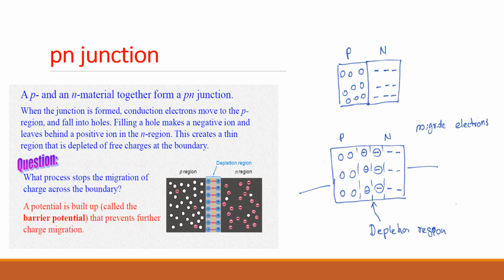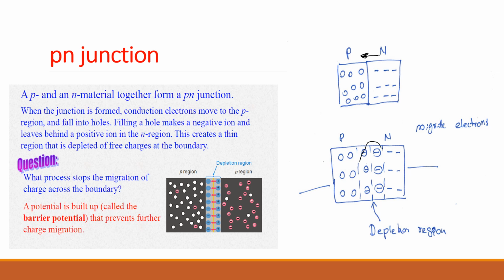Okay, so when we have a p-type material and an n-type material, p-type materials have holes or spaces for electrons, and n-type materials have additional electrons. So when we keep these two materials together, these electrons start to move to the spaces and occupy the holes.